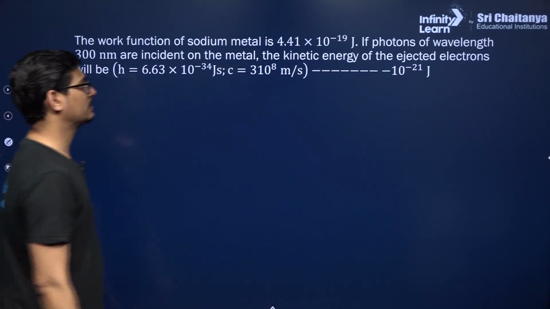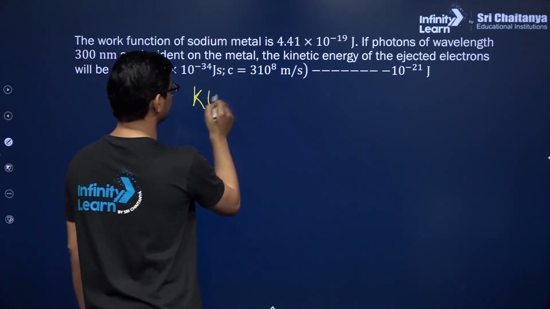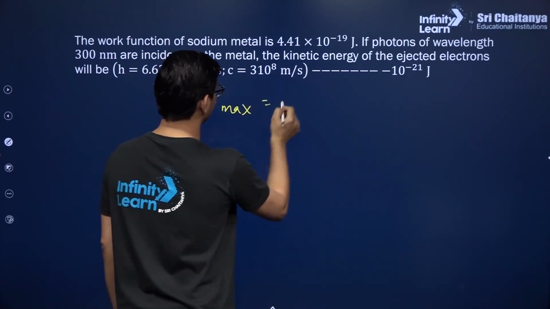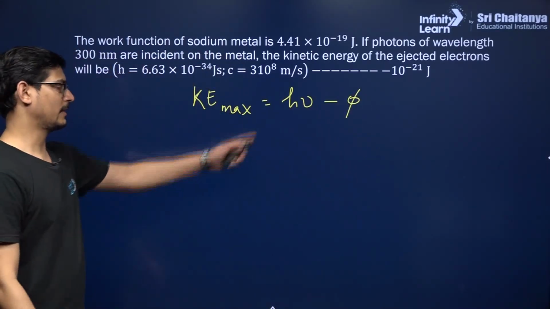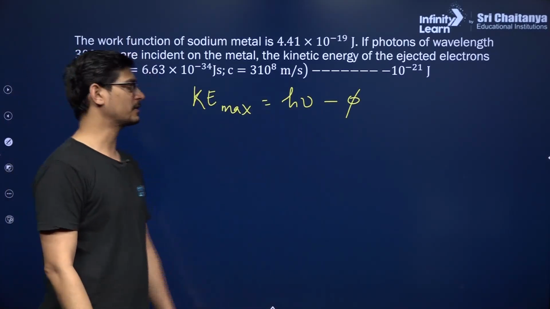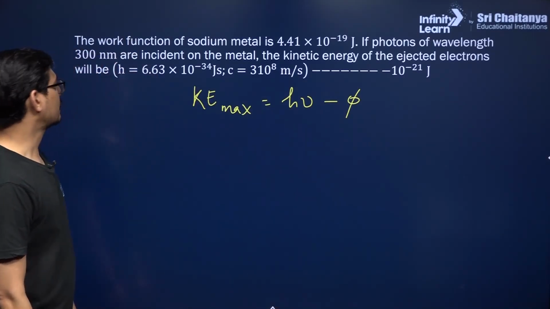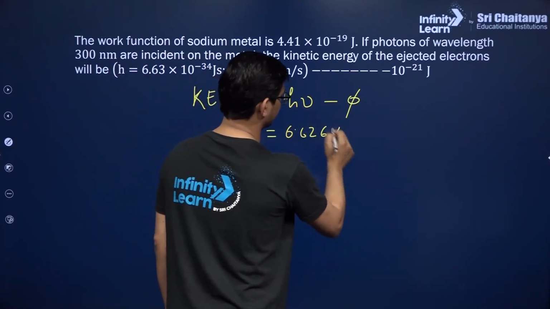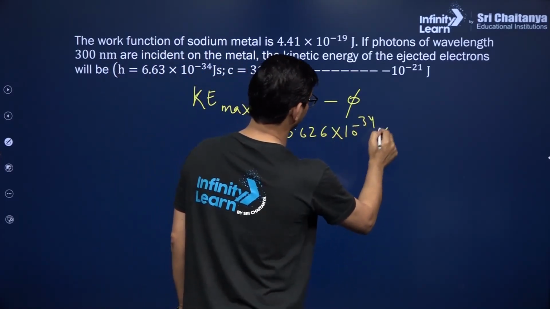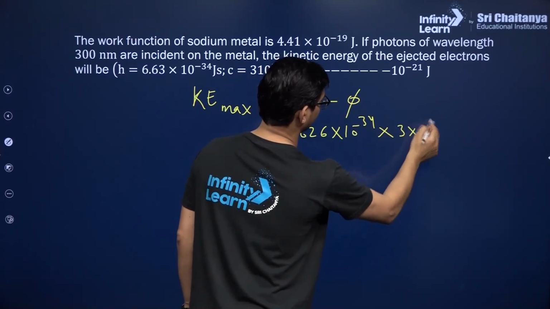The work function of sodium metal is this. Here we will use Einstein's photoelectric equation, which is maximum kinetic energy equals h nu minus phi, the energy of the incident photon minus the work function of the metal. So kinetic energy will be hc by lambda, so 6.626 into 10 to the power minus 34 into 3 into 10 raised to the power 8.